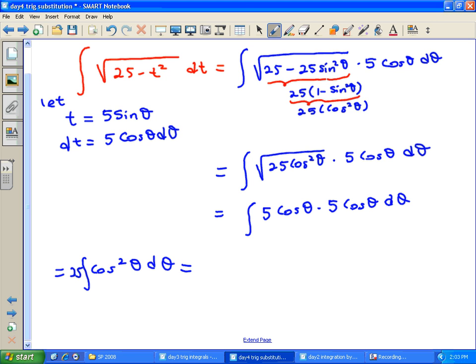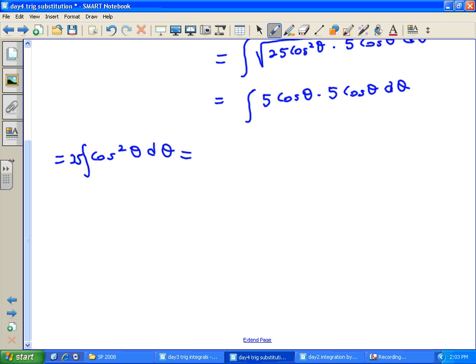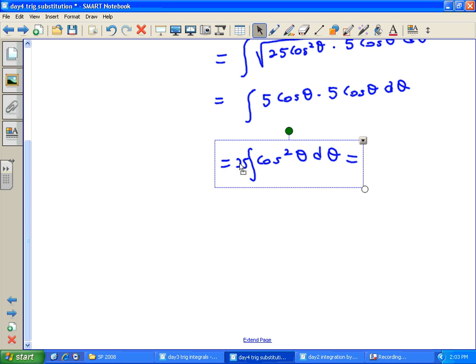At this point, we need to remember how to integrate cosine squared. Any thoughts about that? Anybody remember a reduction formula for the cosine? A power reduction formula, as they call it.